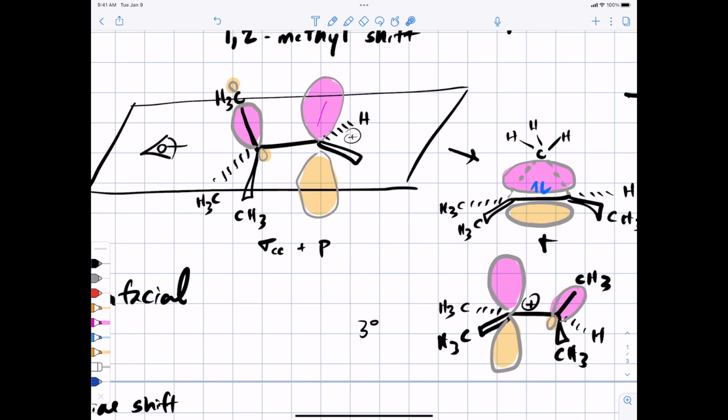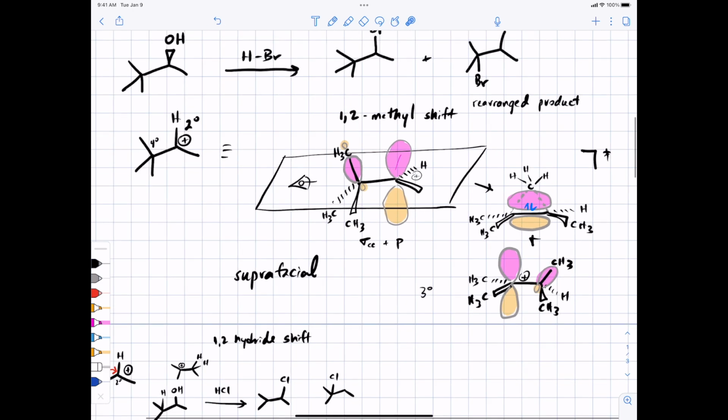So orbital symmetry requires it to be delivered across the same face. Now, I agree that this is going to happen also if we rotate around the bond and the methyl group's over here and the proton's there, for sure. But during the transition, it has to happen from the same face.